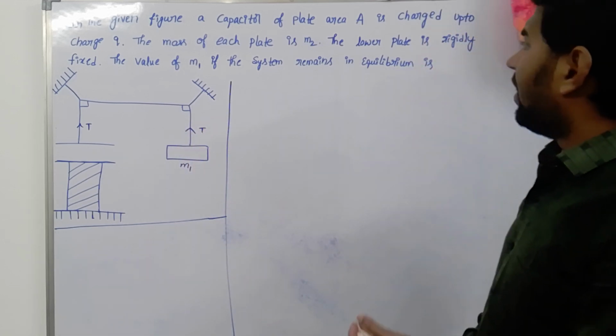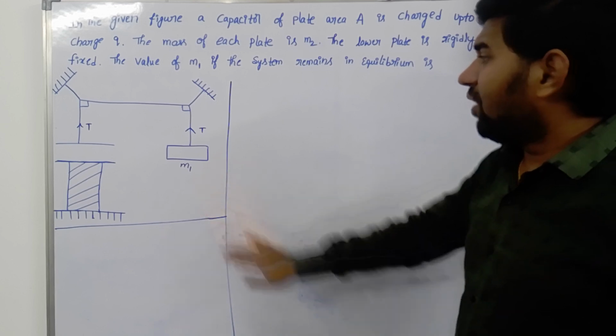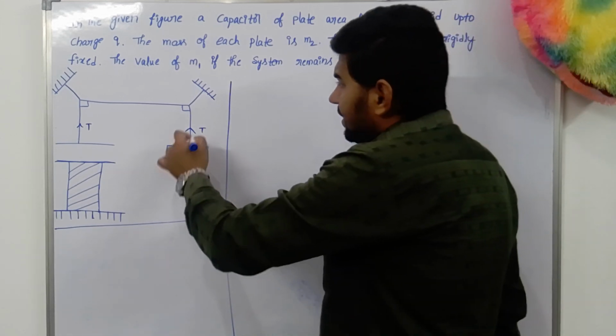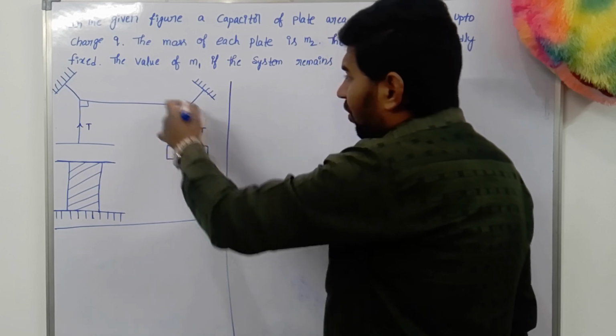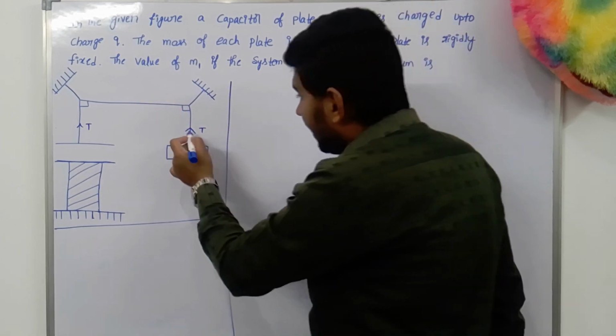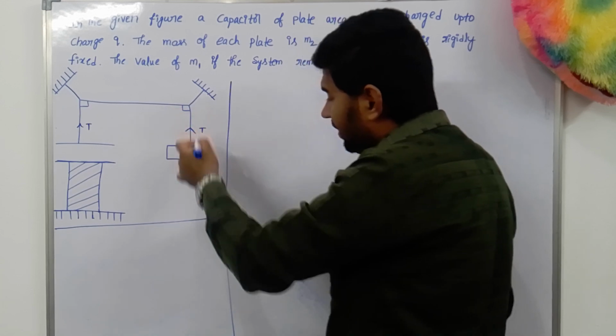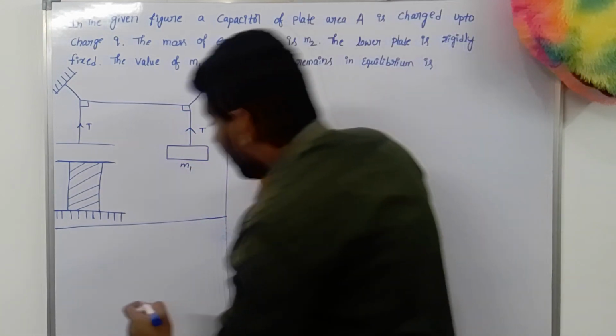Now how to find out the mass M1? If you observe, the mass is hanging by a string. The force which is exerted by a string is said to be tensional force. Here the tensional force is in the upward direction. Now we are going to draw the free body diagram of mass M1.